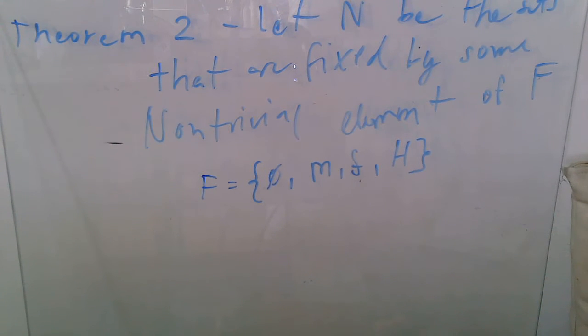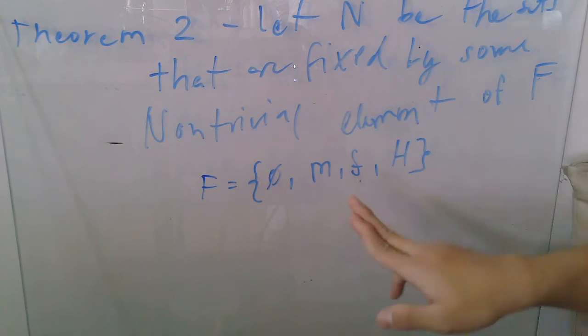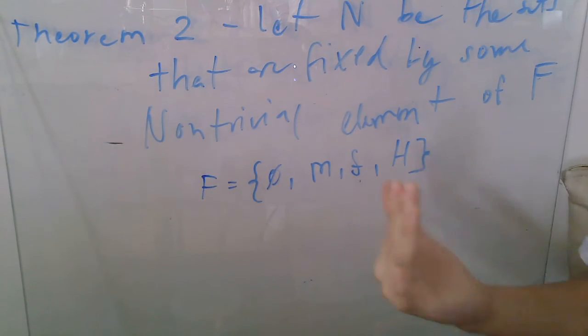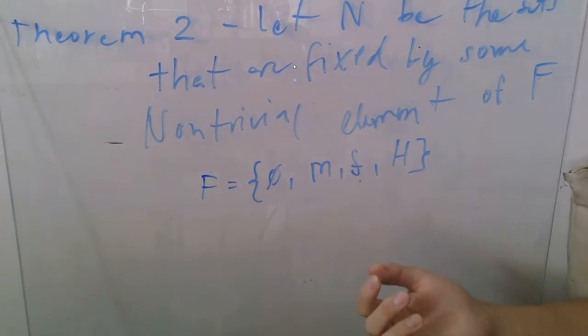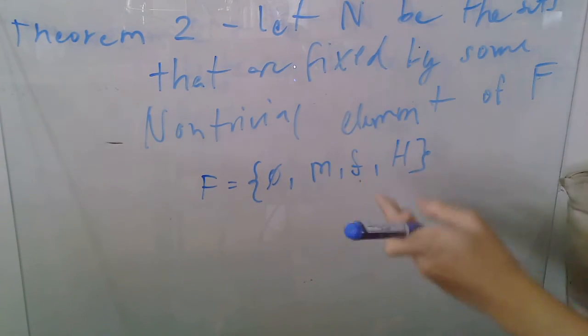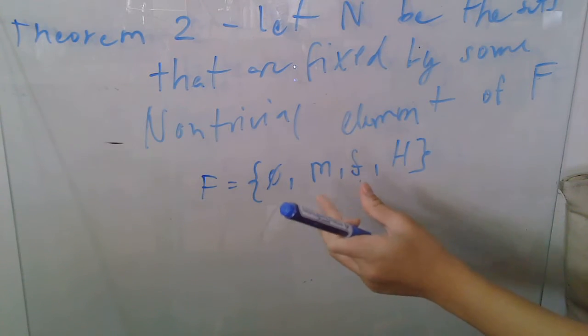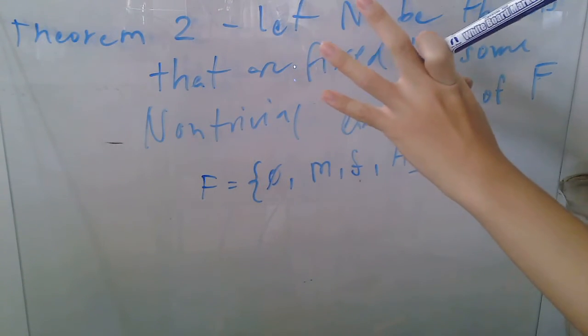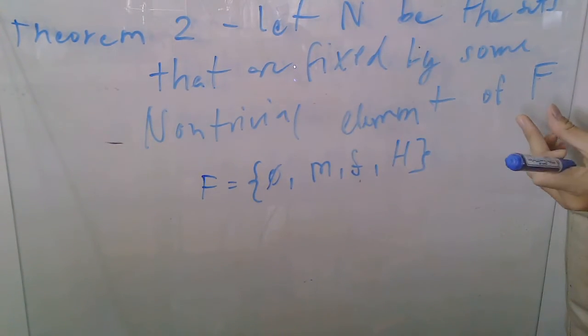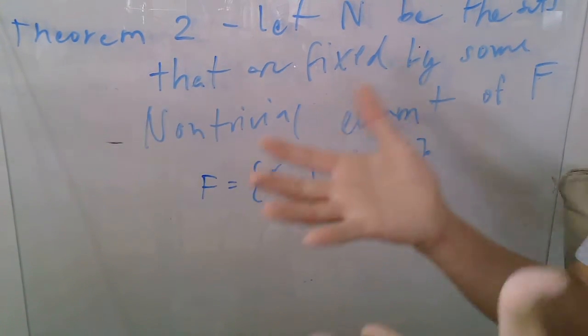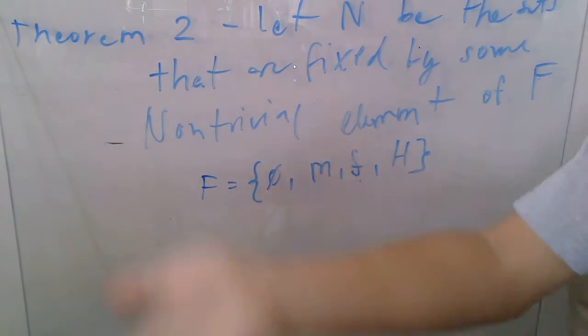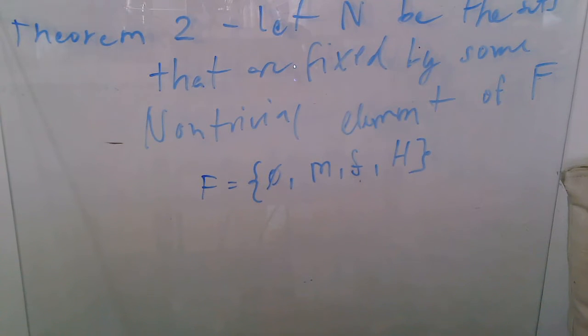And now F is equidecomposable. So N is composed of the things that we want to take away from this set. What we already proved is that we can take away H and detach it from F. So here we're going to prove that M and F are independent of F, which is a contradiction.